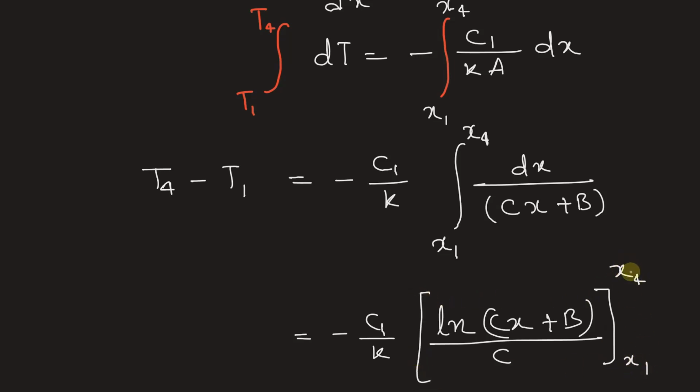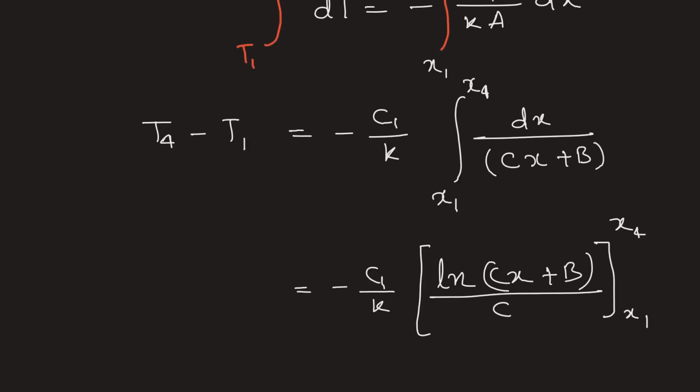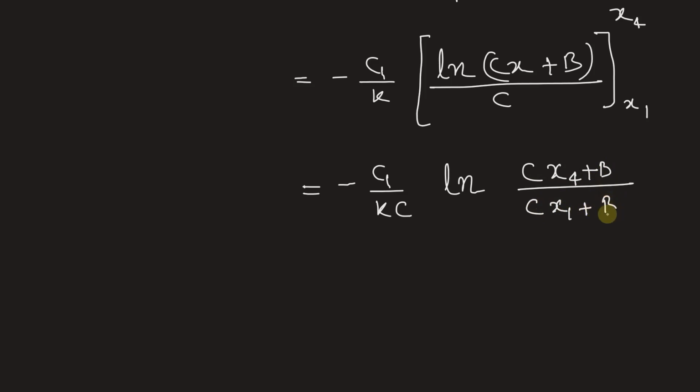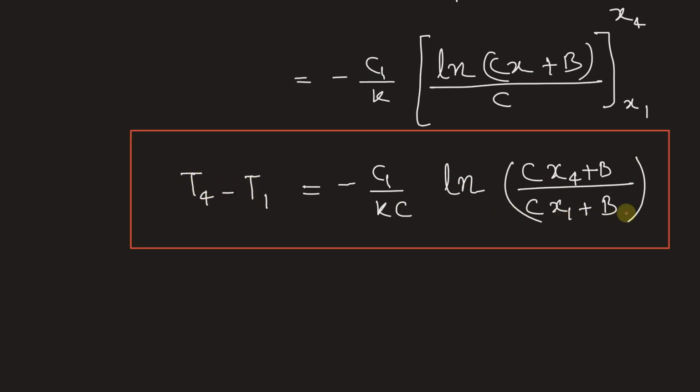The limits x1, x4 or T1, T4 are just for reference. Again, we can write this as negative C1 upon k into C, because C is a constant, and now putting in the limits we get ln of (Cx4 plus B) divided by (Cx1 plus B). And this equals T4 minus T1, which is the required equation.